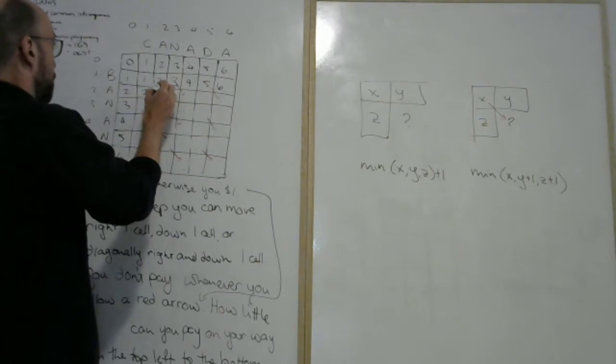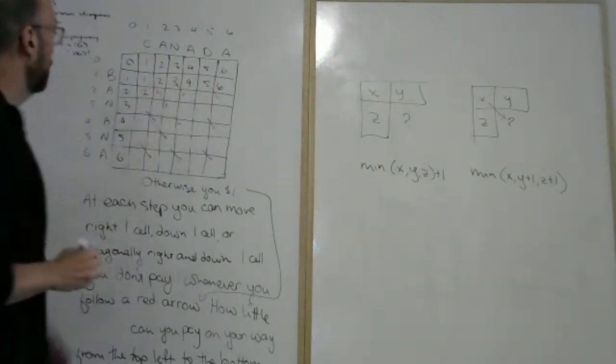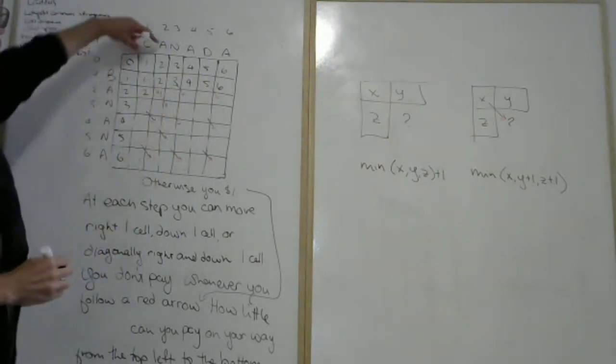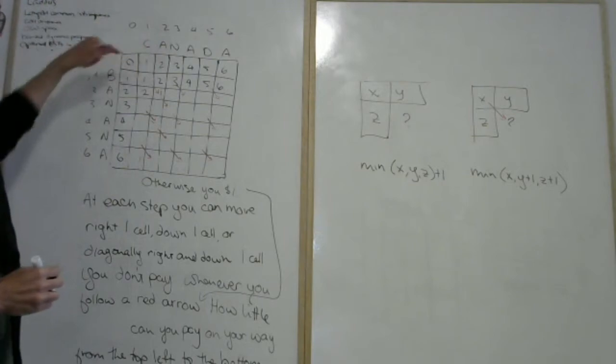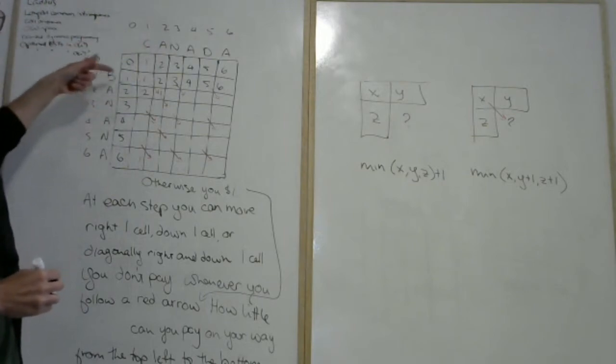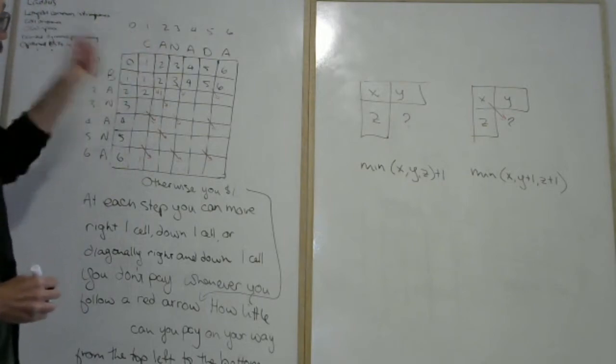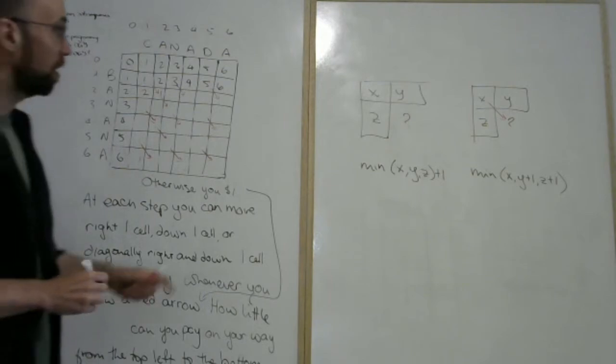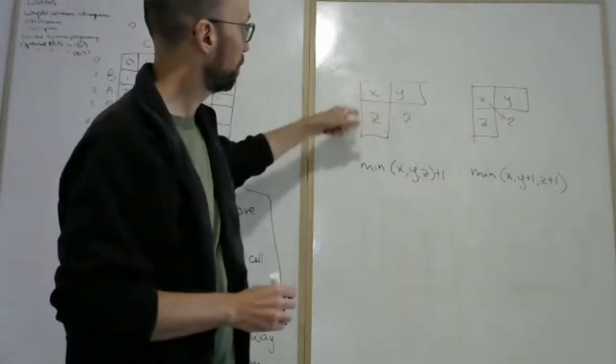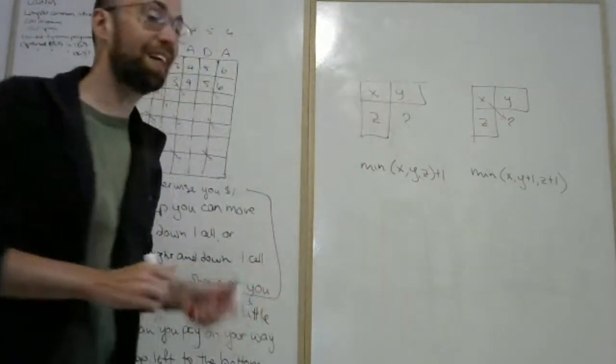This is still 1, right? Because how do I change BA into CA? Well, I just change the B into a C, and then I leave it alone. So I'm still working.